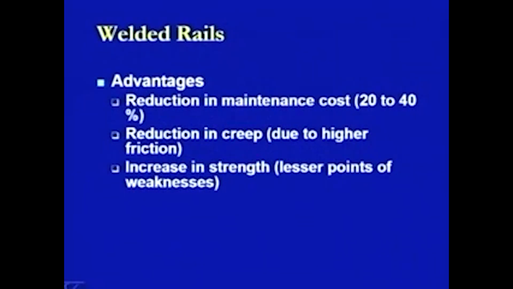Then it will also be increasing the strength, because where there is a discontinuity, the forces acting at this point of discontinuity go directly to the ballast section, and therefore there is further wearing of the ballast section at that level, which results in the loosening of the ballast section.